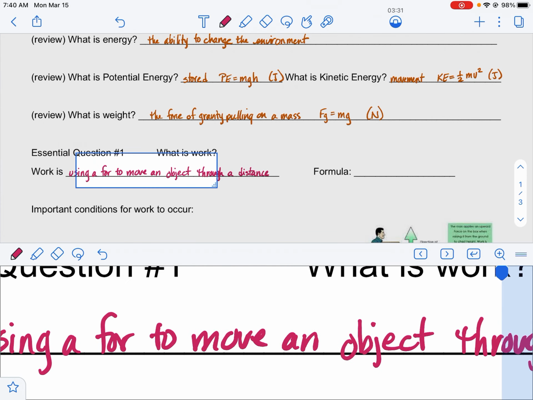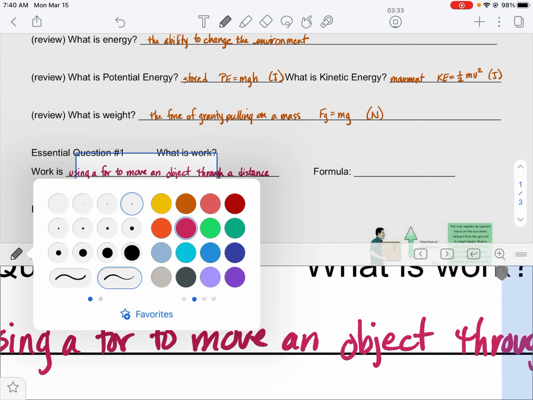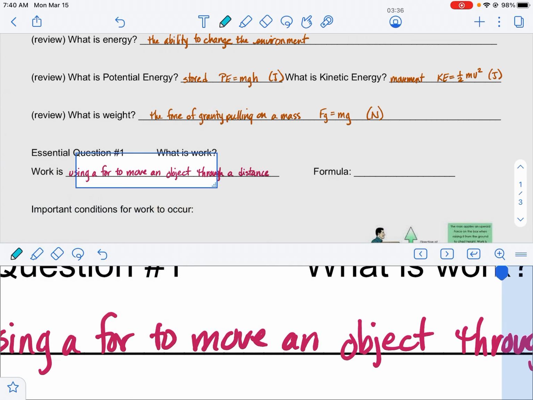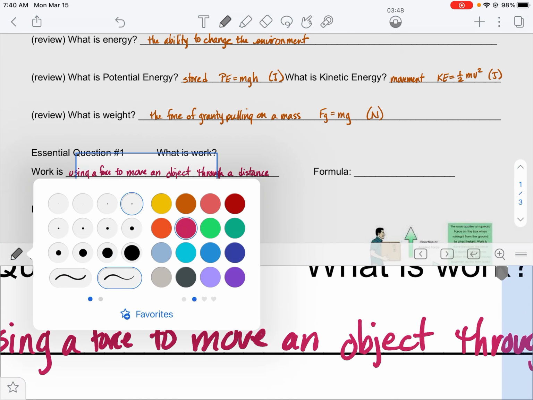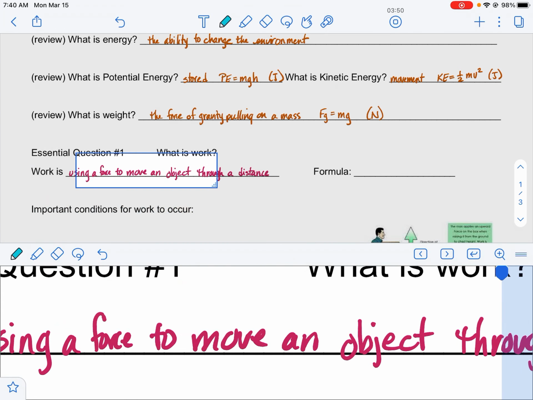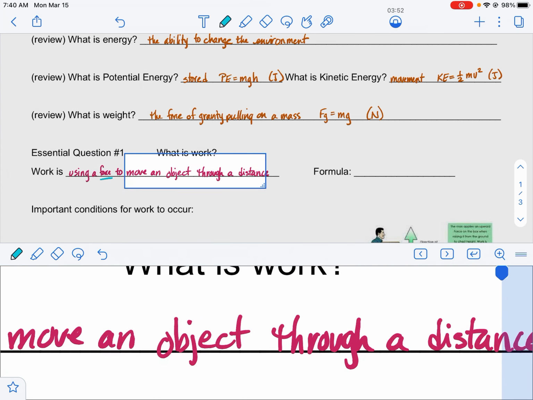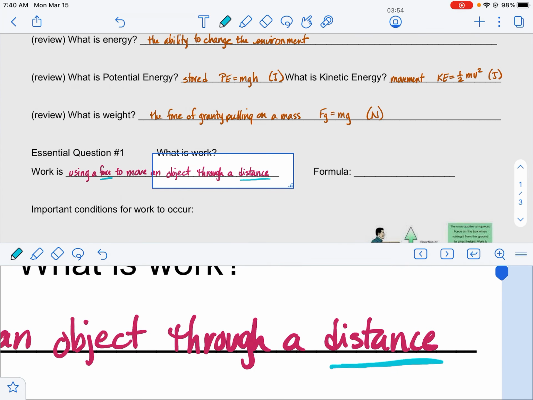Okay, so here's the important stuff here: using a force. Let's try that again then, shall we? Using a force to move an object through a distance.